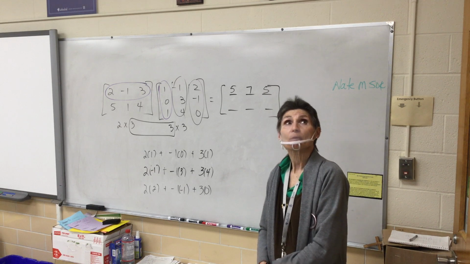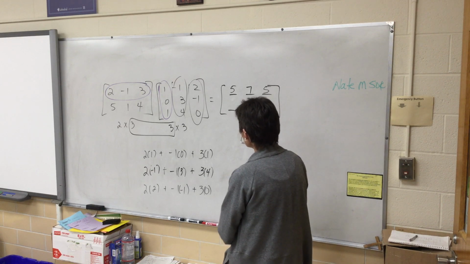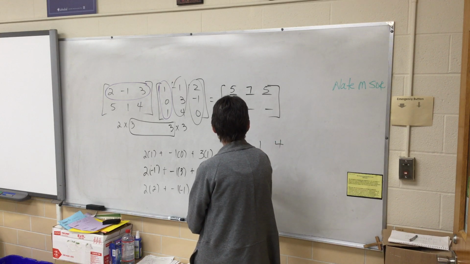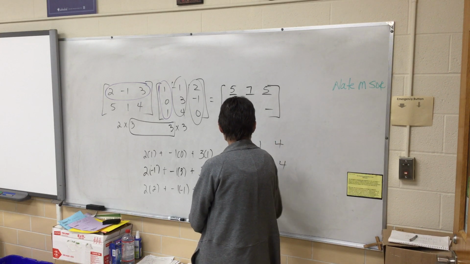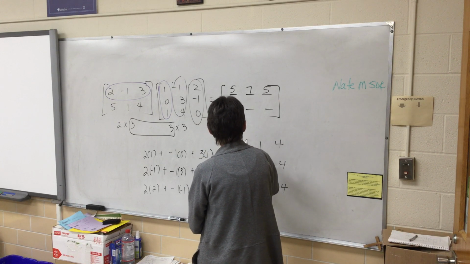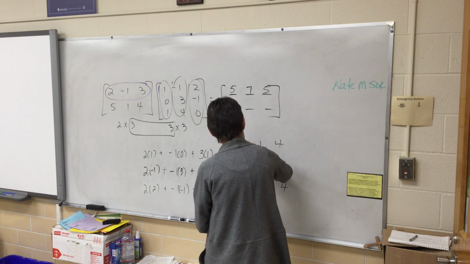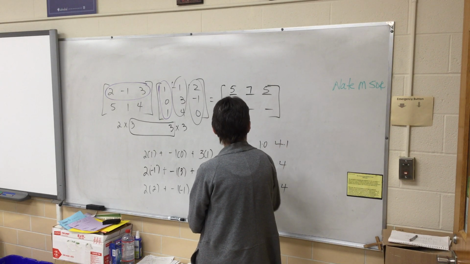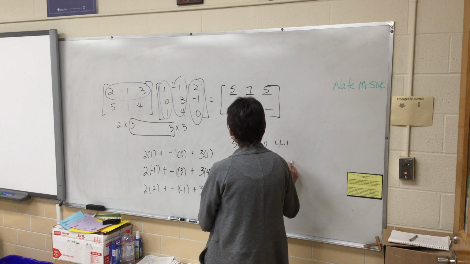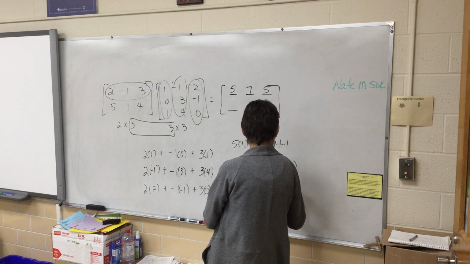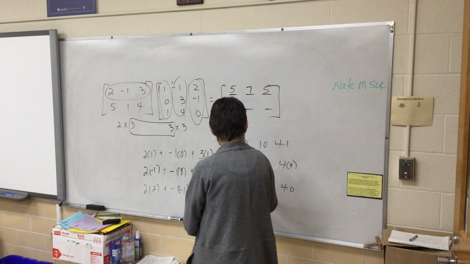All right, let's get the bottom row done and then you're finished. Here we go. Bottom row. 5, 1, 4. All right, what did we come up with?